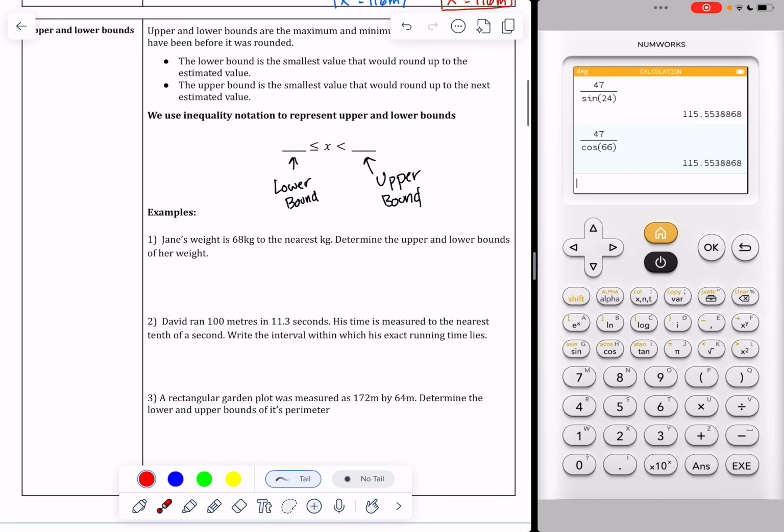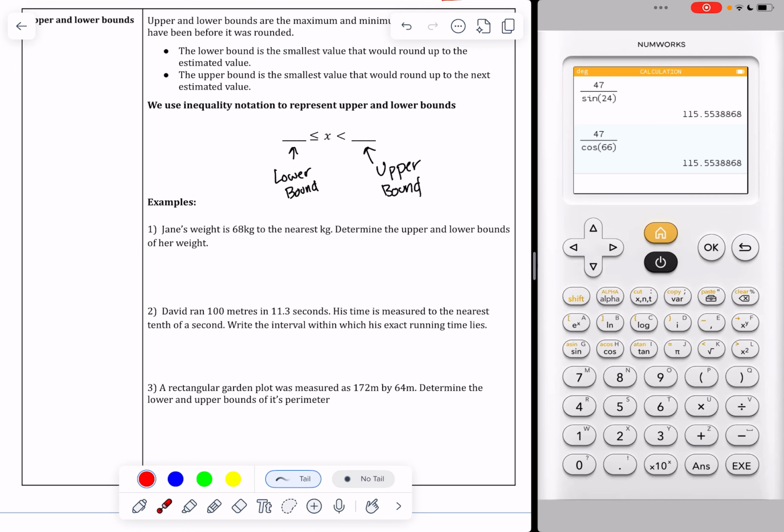All right, so we've got Jane's weight is 68 kilograms to the nearest kilogram. Determine the upper and lower bounds of her weight. So, I'll use W for weight. We could use X, that'd be fine too. But I want to think, what is the lowest Jane could possibly weigh to still be rounded to 68 kilograms?